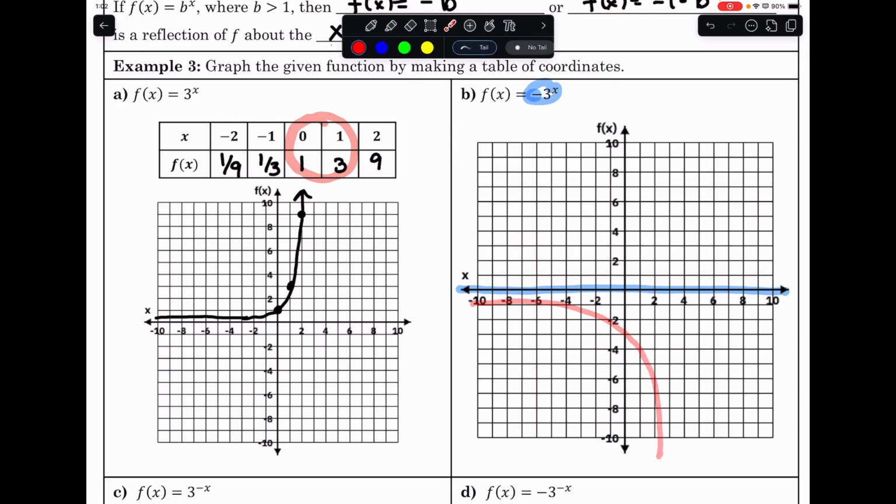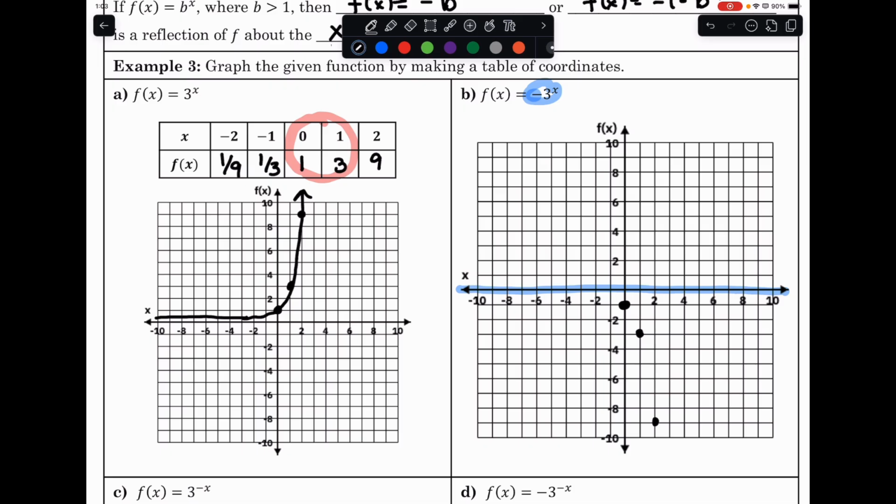So we're going to flip these points and put it upside down. So the y-intercept is now going to be at 0, -1. And this point here and this one are going to also be below us. So instead of going up 3 at 1, we're going to go down 3. Instead of 2, 9, it's 2, -9.